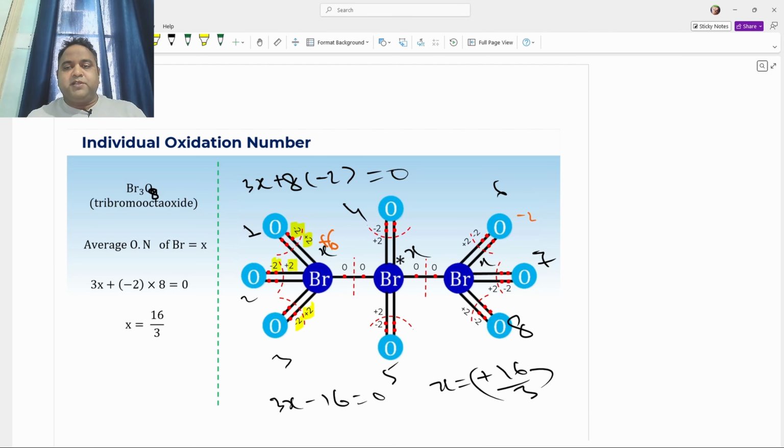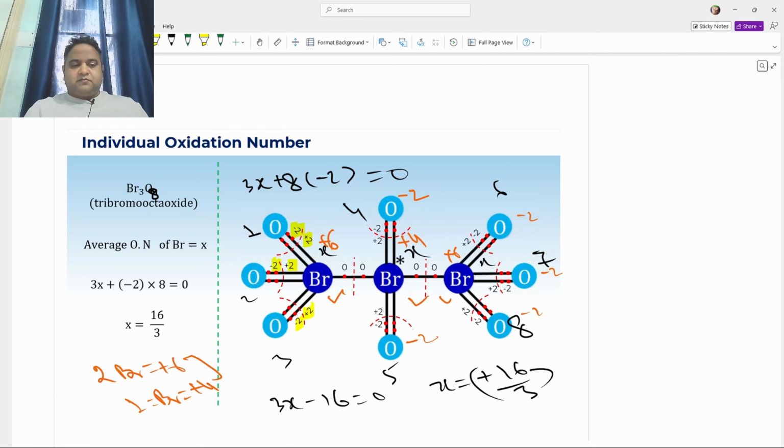Here also the same has to come, -2, then -2. So bromine is having +6. In the center, -2 from the upper side, -2 from this side, and your total is +4. So out of these 3 bromine atoms, 1, 2, and 3, 2 bromine are in +6 and 1 bromine is in +4.